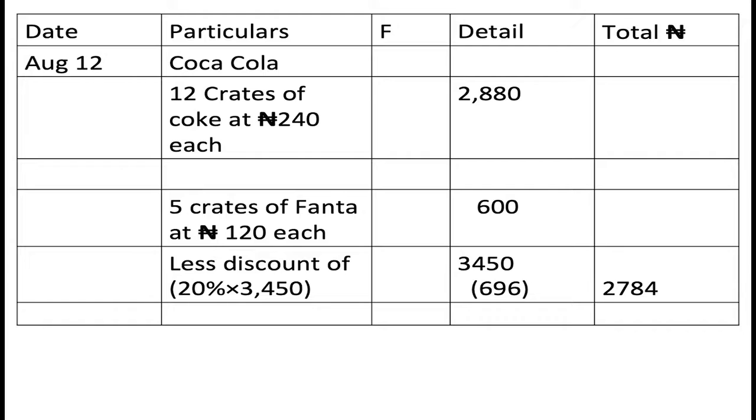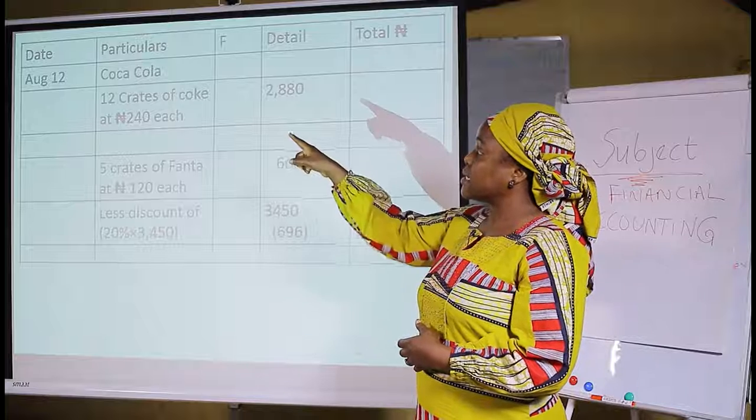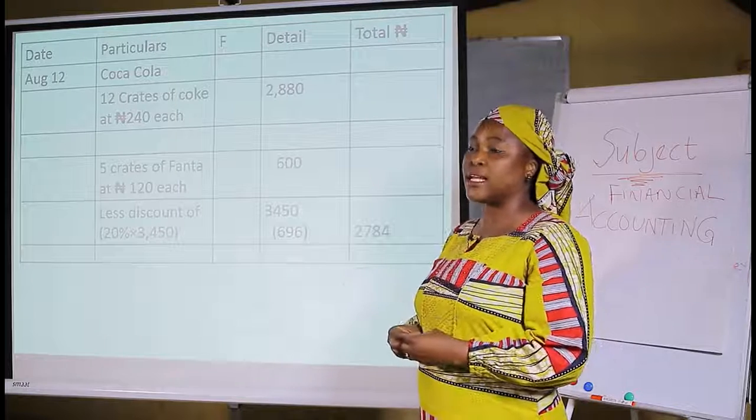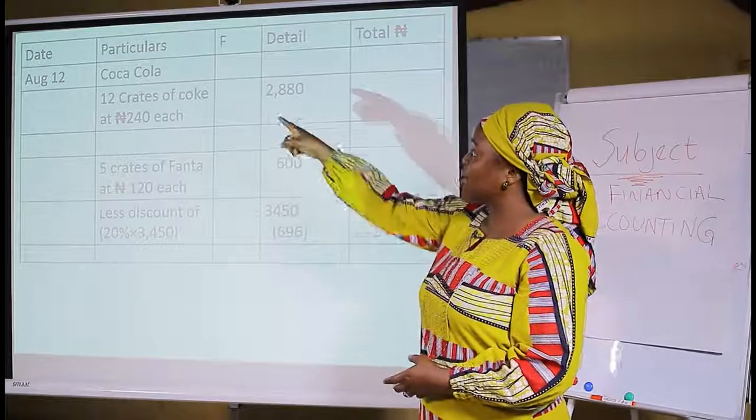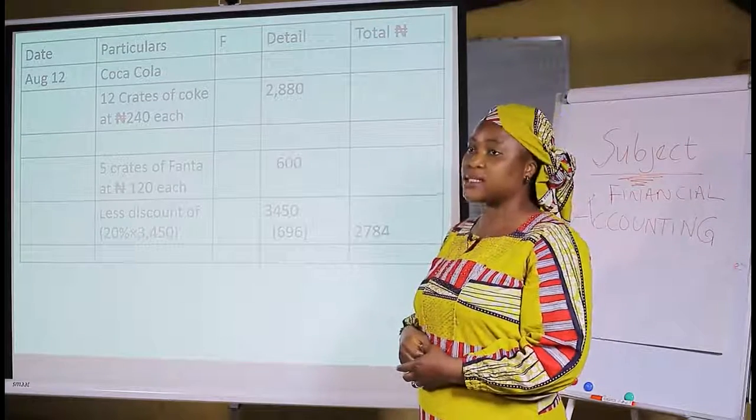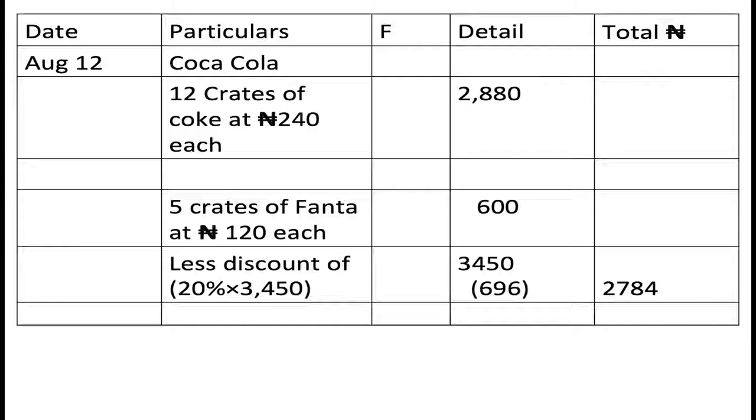You can see that they are carrying the same kind of format when it comes to calculation. On September 12th, this is Abubakar's purchases daybook. And the particulars is Coca-Cola. They are the ones that are supplying goods for him. You will write Coca-Cola under your particulars, and the transaction that is made will come under.